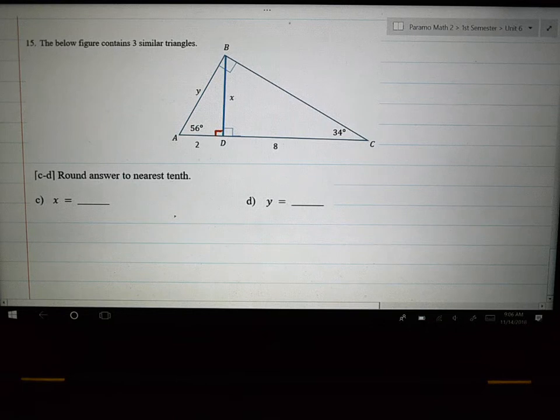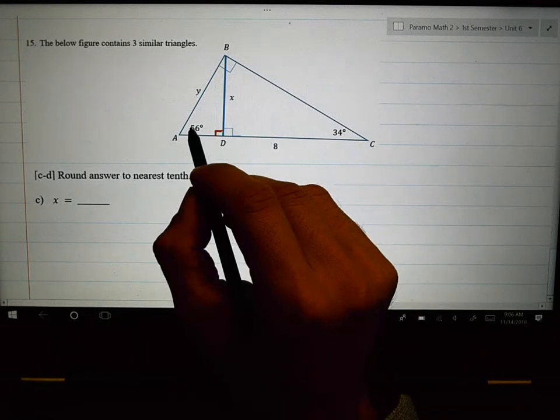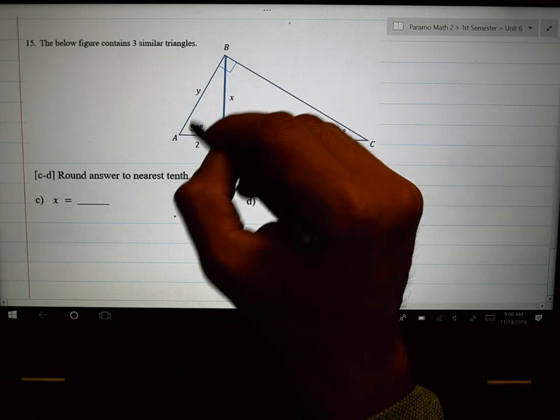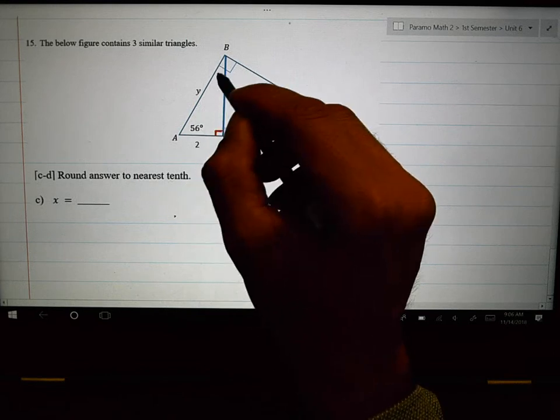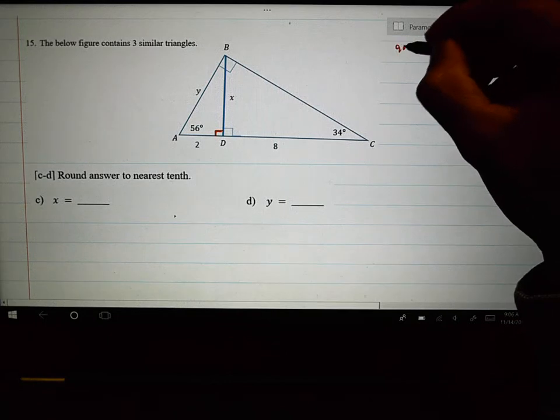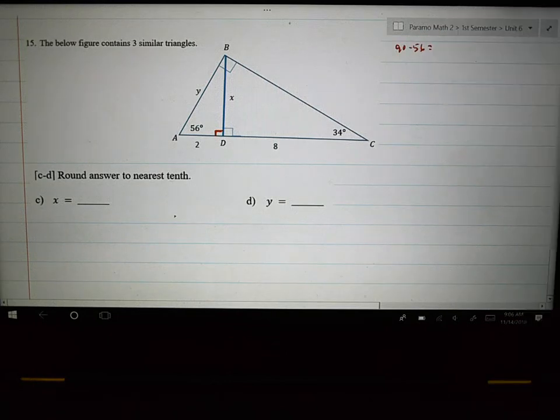If that's 90 and this is 56 degrees, then that must mean that these two must add to 90. They're complementary. 90 minus 56, I believe, is 34 degrees.